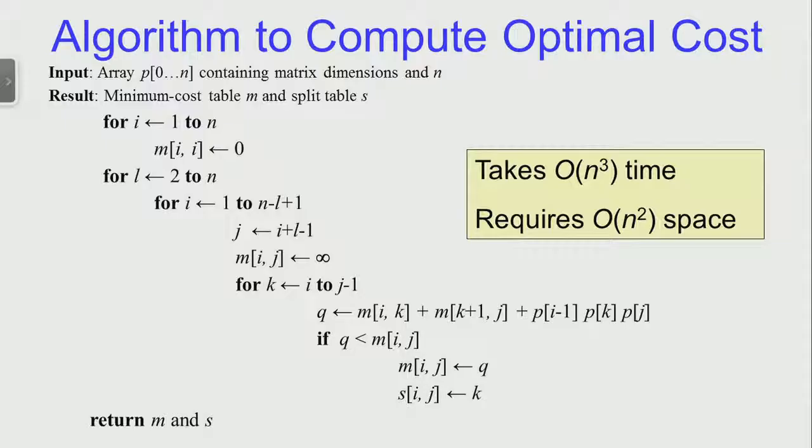At the end of this whole iteration, the matrices m and s are computed, and they store the optimum parenthesization for every i comma j. They store the optimum number of scalar multiplications for the chain multiplication involving a i to a j, and the parenthesization information is stored by keeping track of the split value in the matrix S.